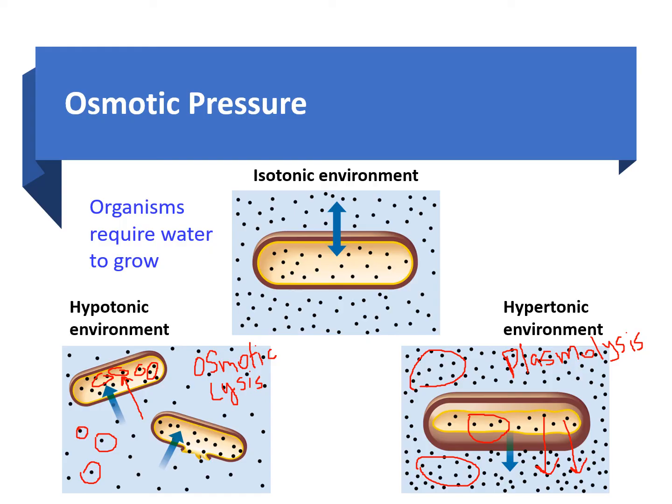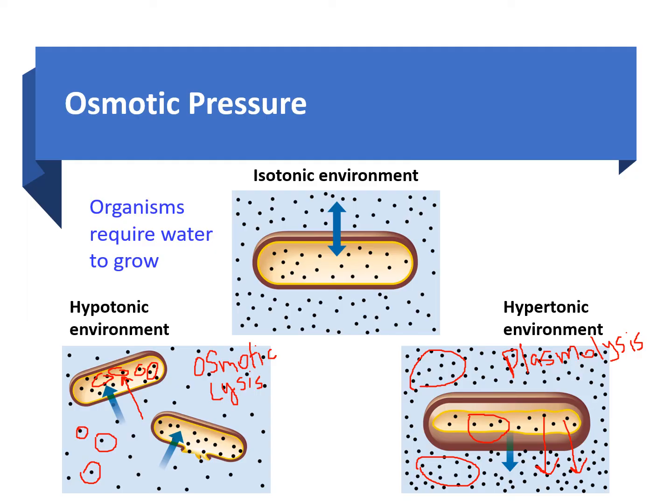Let's say that a bacteria which prefers to be in an isotonic environment is now placed in a hypotonic environment. That is actually physical stress, okay? It's a stressful condition to be placed in. What's going to happen in a hypotonic environment is the bacteria is going to take in lots of water.